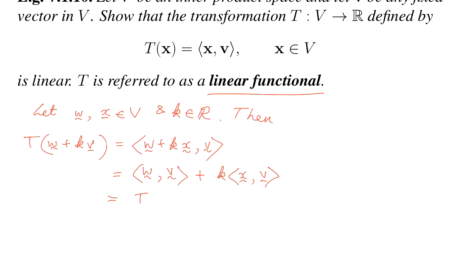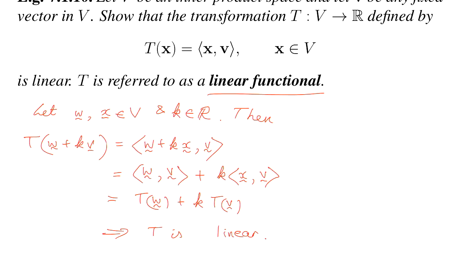So this is T of W plus K times T of V. All right, so T is linear. So there is a relationship between certain linear maps and these inner products, right? As soon as you fix one argument, you've got a linear function out.